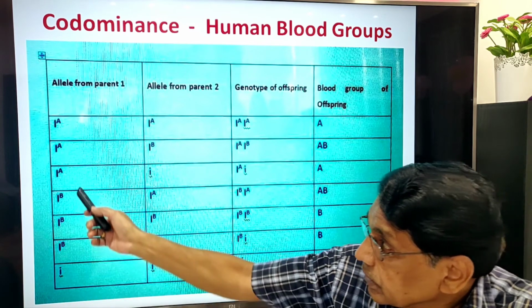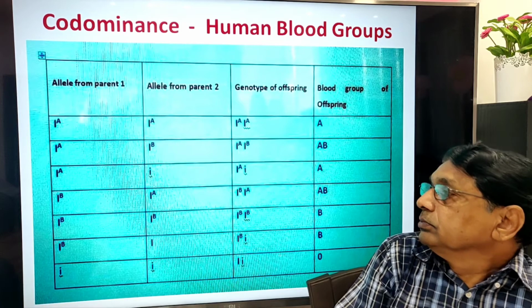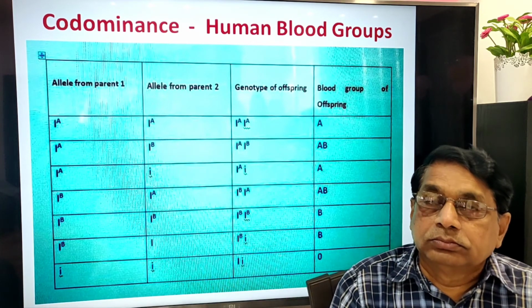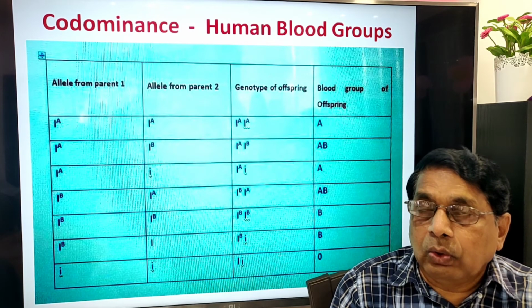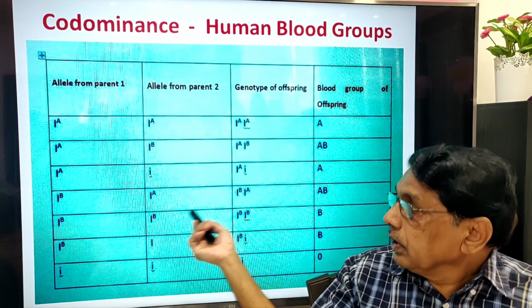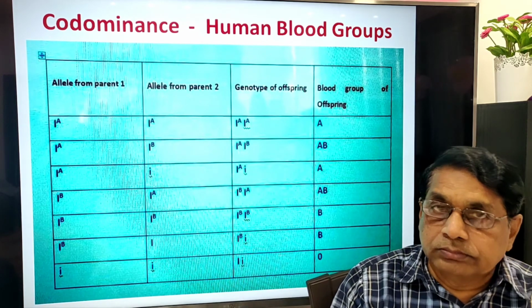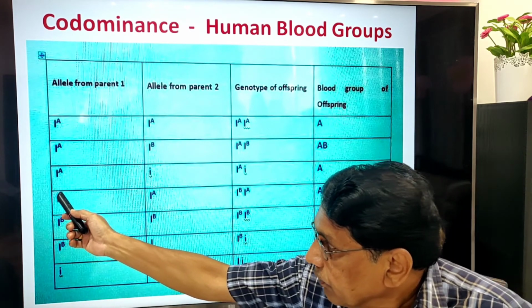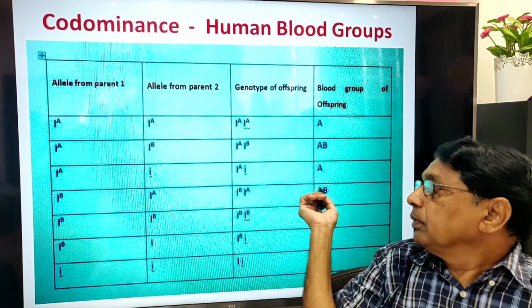Similarly, let us take A and O. Suppose mother with O group, father A, the children will be A group. Then father B group, mother A, they will be AB group.